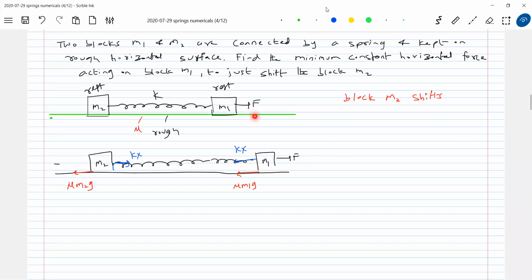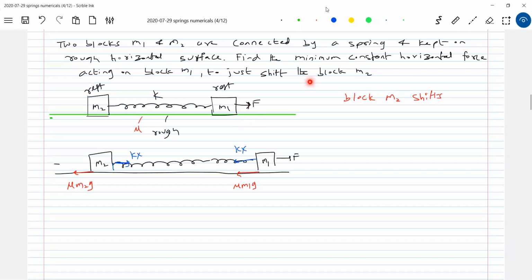Sir, so you're saying you're moving that block slowly, right? Like acceleration is almost zero. Better you say gradually. So the sequence is like this. Look at how I'm moving. It'll be like this. Then there is one value of F at which this block m2 will shift.